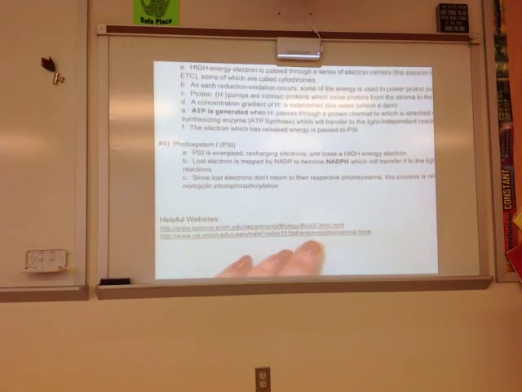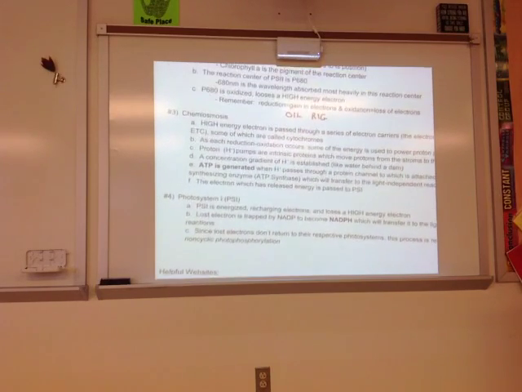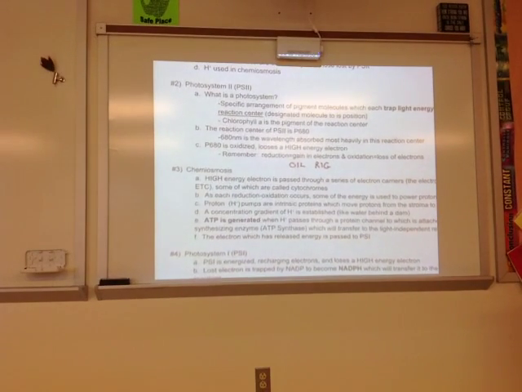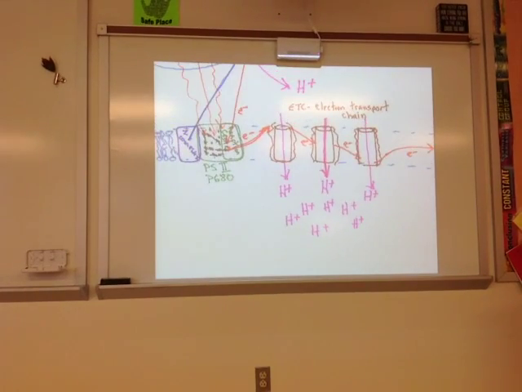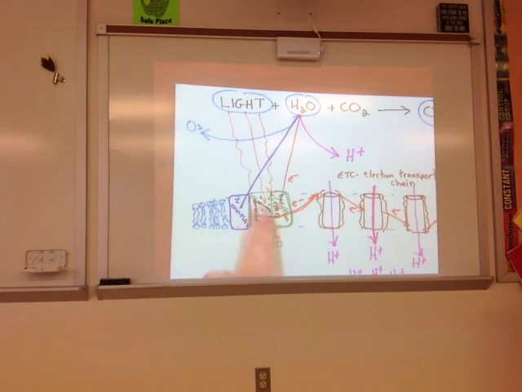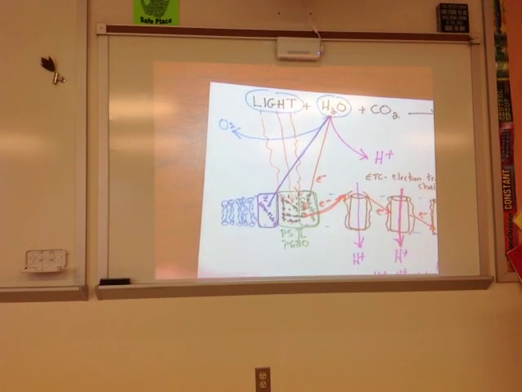Okay. Does anybody have questions on these steps or any of the things we talked about yesterday or today? Are they in order? This is pretty much in order, yes. One of the questions has to do with which one of these happens first, whether it's the Z complex or the light. I think you could put either one of those first in the way we're doing that, because they kind of happen at the same time.